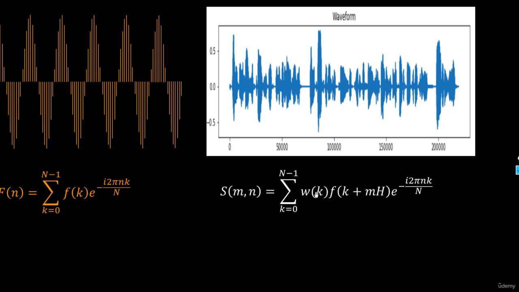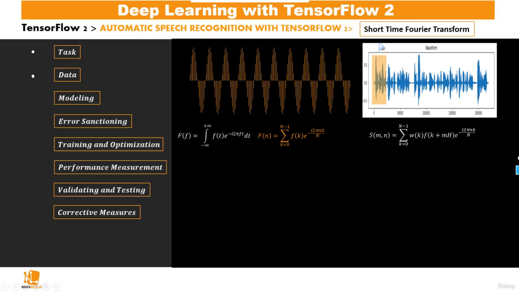So here we have this window function right here, then we still maintain the f of k and this. So practically it is the same thing, but with the difference that we have a window which is included, and we have this m right here. So we could consider this, for example, to be a window. If we have this as a window, it's like our value when m equals 0. So when m equals 0, we'll now get s of n for the different values we could have for n.